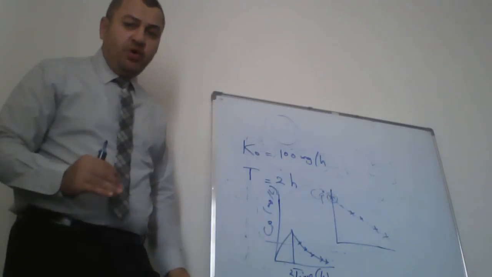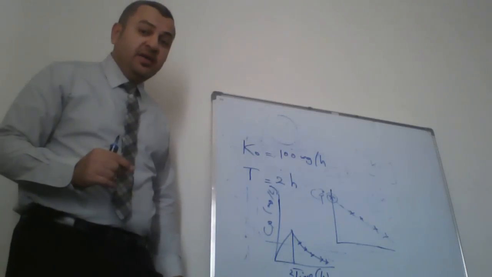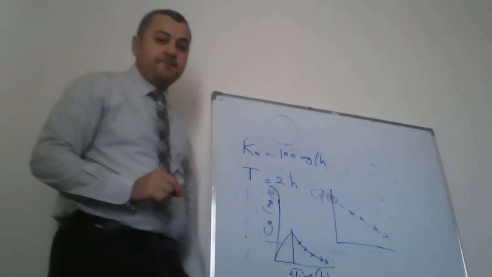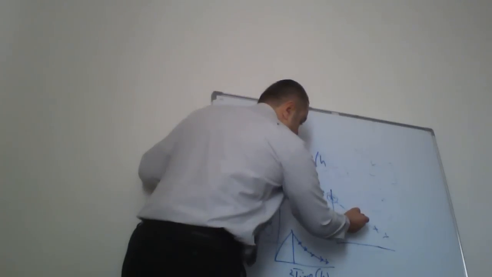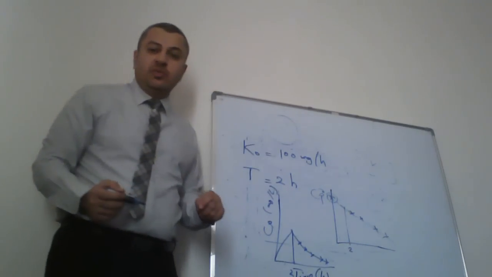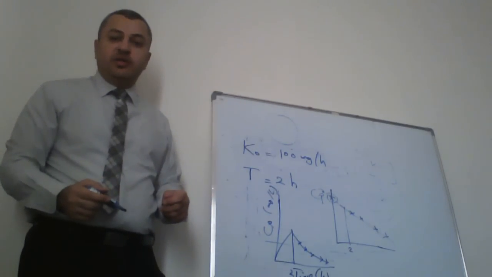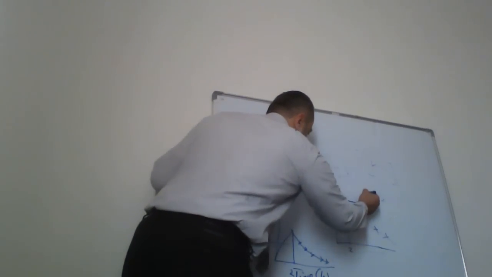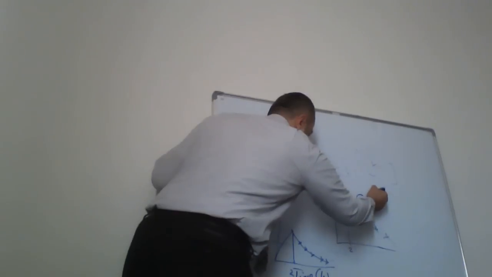The most important thing is to extrapolate to CPT capital. That's the important thing. So from 3 hours, where do you extrapolate? Extrapolate till 2 hours. Why do you need to extrapolate till 2 hours? Because there is where you will have your CPT capital.